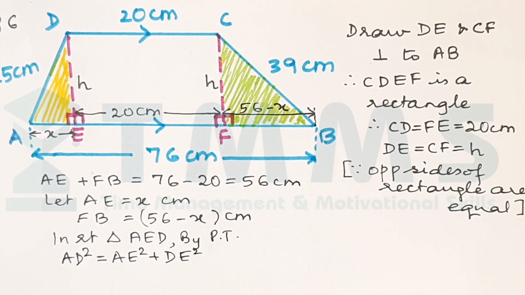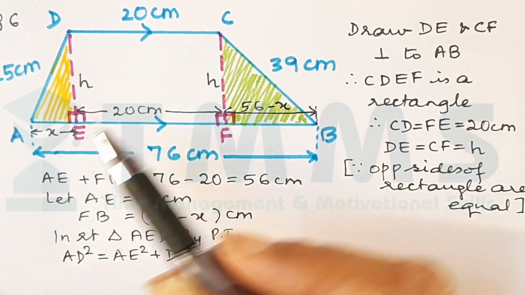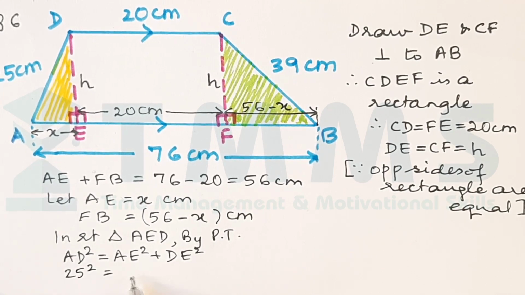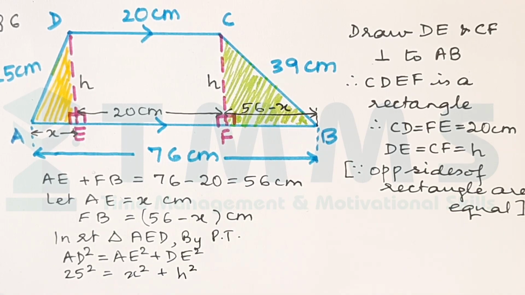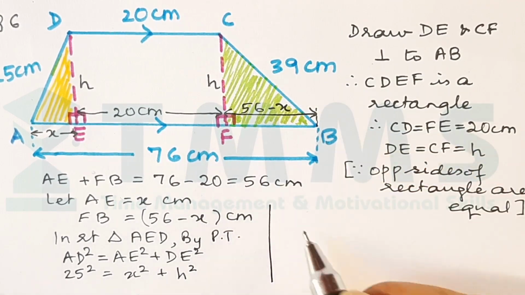Let us look at the diagram so that you can see it clearly. AD square is equal to AE square plus DE square. Okay, and so 25 square will be equal to x squared plus h squared. Now let us take this triangle.